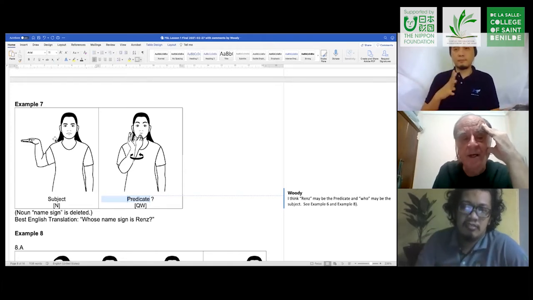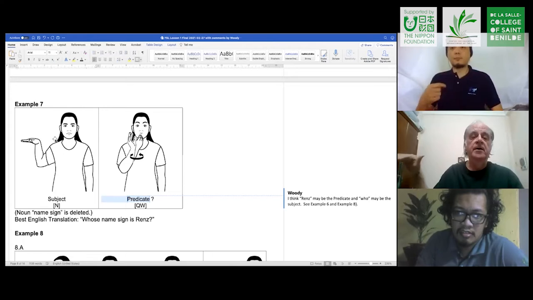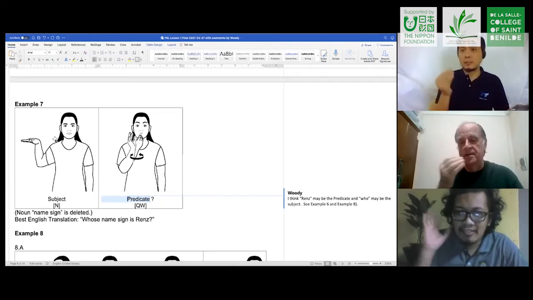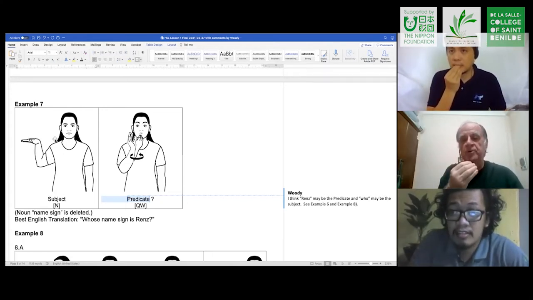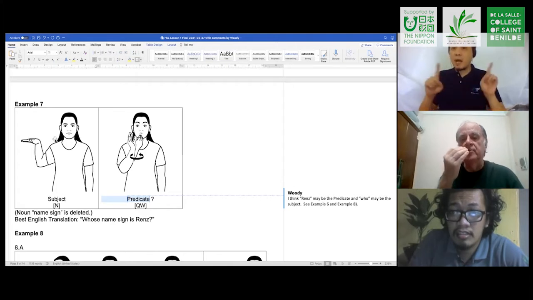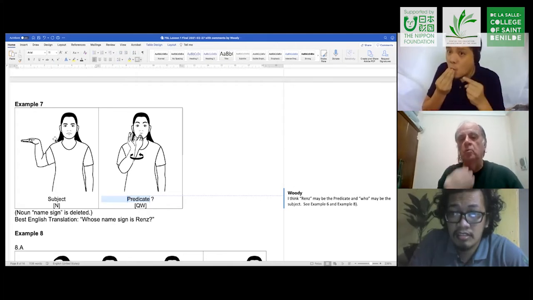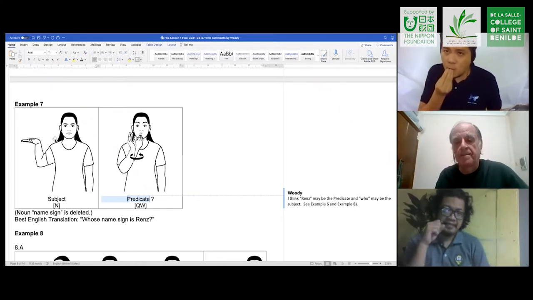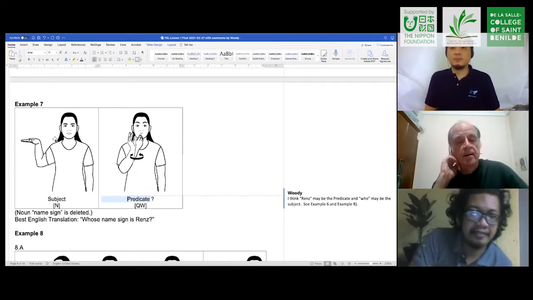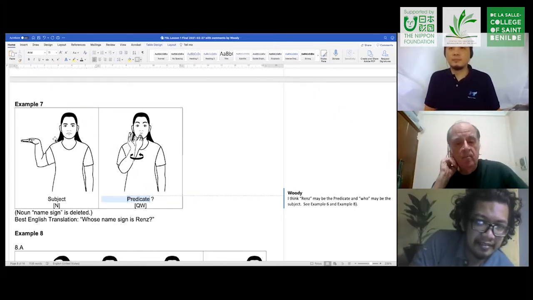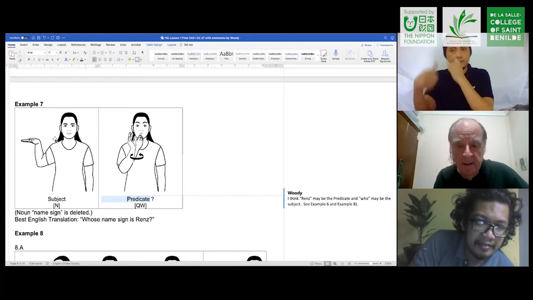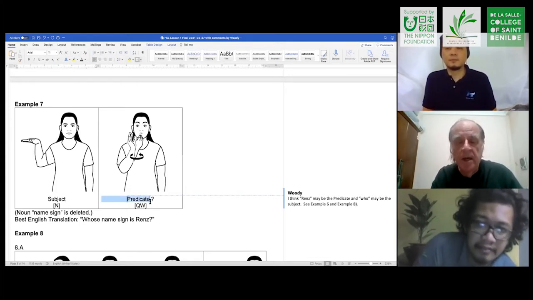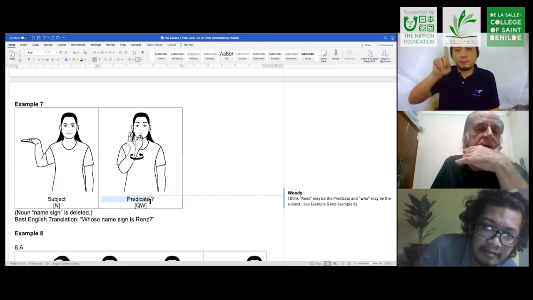So if we were saying rents eat, but if we want to ask who is eating, then we would say eat who. Okay. And then if we look at example 6, can you go back up to example 6, Shaq?